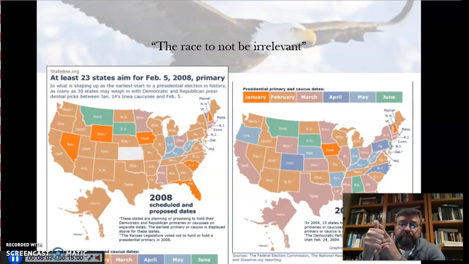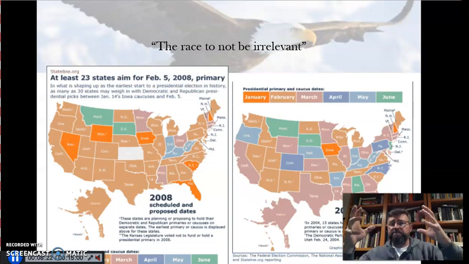So the first strategy would be big, have a lot of people. The second strategy would be to be first. The third strategy, well, what if we all just gather together? We all vote at the same time, and while by myself I may not be a big deal, but hey, there's 20 other states doing it all at the same time, and so together we're going to make this big chunk of delegate decision.